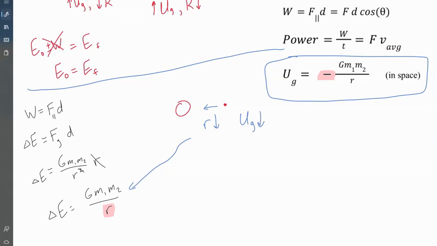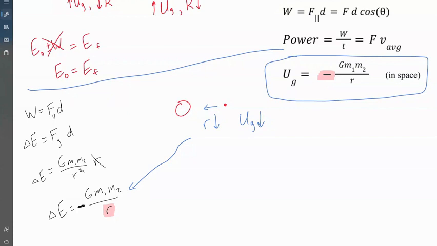So what we do is we stick this negative sign in front, which means that as our radius decreases, this numerical value gets larger, but that just means it becomes more negative. So our gravitational potential energy would decrease. Again, this is something that you don't have to know the derivation of, but it's good to note and to be able to see.